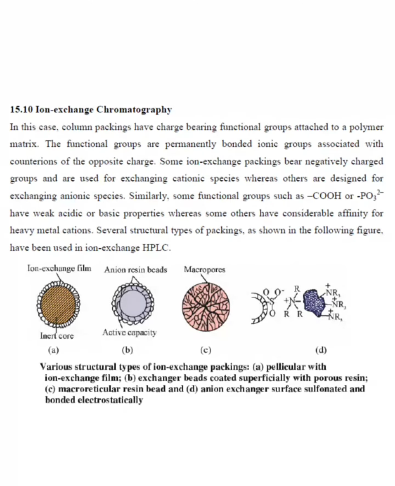The separation depends on the varying ionic strength. So this is known as ion exchange chromatography. The column packing has charge-bearing functional groups attached to a polymer matrix, which are permanently bonded ionic groups associated with counter ions of the opposite charge.